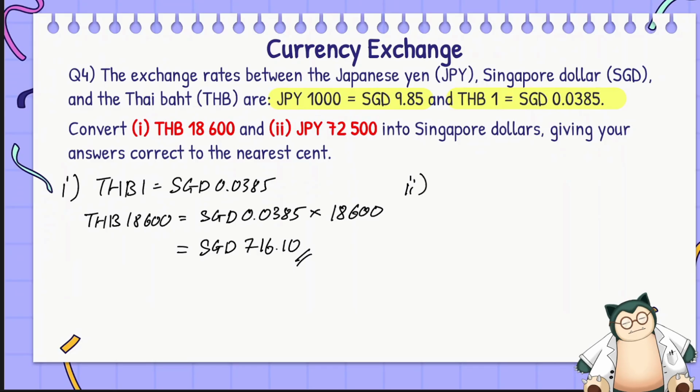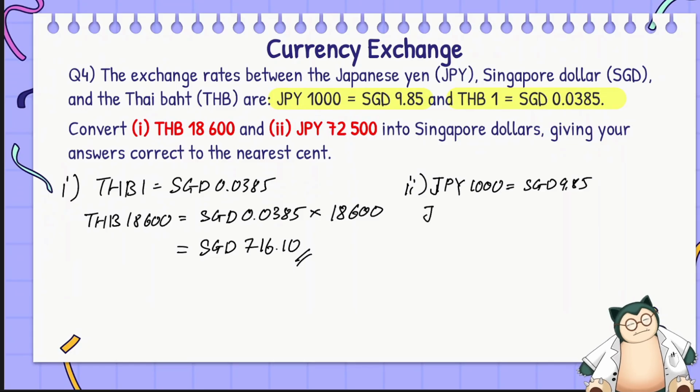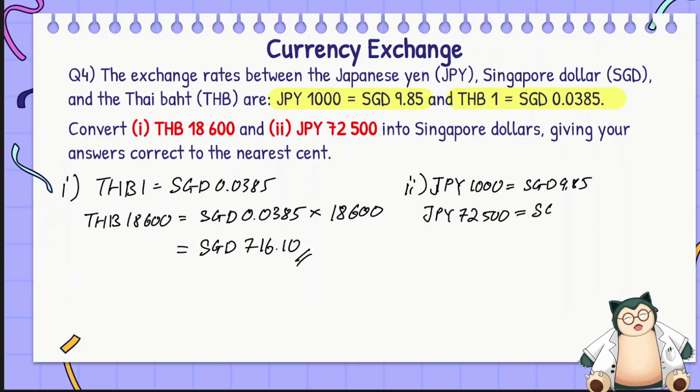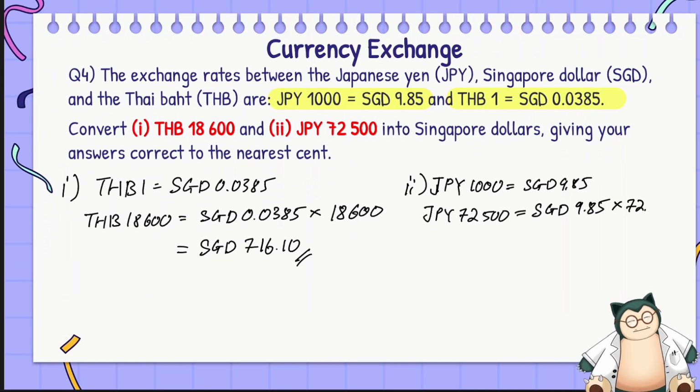And in part 2, we know that Japanese yen 1,000 equals SGD 9.85. So to get Japanese yen of 72,500, instead of finding 1 yen, we can multiply, if you are able to look at it fast, by 72.5.